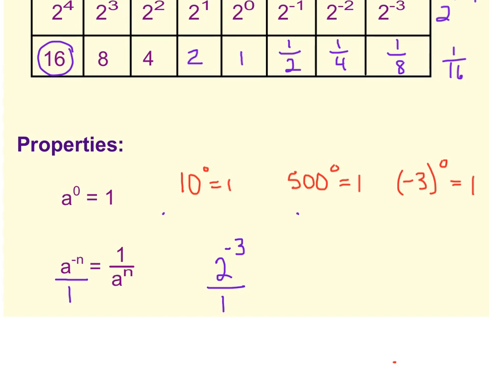I like to think of it as a fraction, and then I know that the negative exponent with its base has to go down here. So that 2 stays the same. That brings it to a positive power, and you have to leave a 1 up there because there's nothing else up there. So this negative exponent property, we'll get the hang of that if that seems a little bit weird right now. But those are the two properties we're going to focus on for this section.